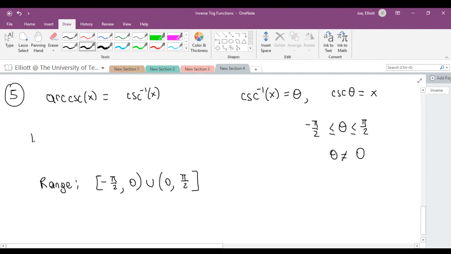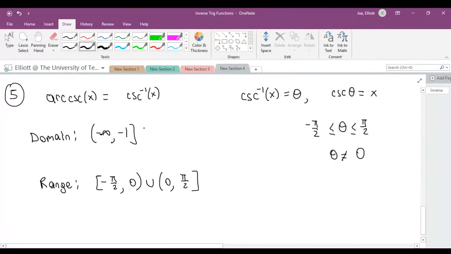And then as for the domain of the arc cosecant function, its domain would be whatever the range of the original cosecant function was. And so it would be the same as the inverse secant function.